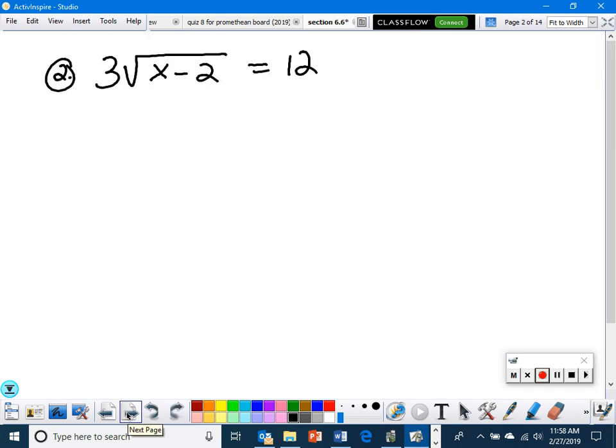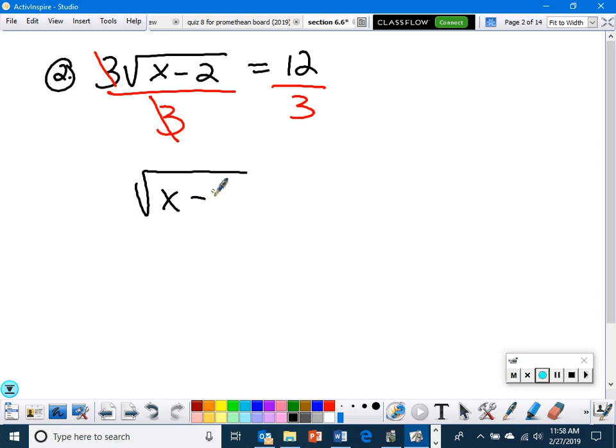So again, following the steps, we want to isolate the radical symbol. So we want to get rid of everything else around it. So we are going to first divide by 3. Again, to get rid of the square root, we are going to square both sides.